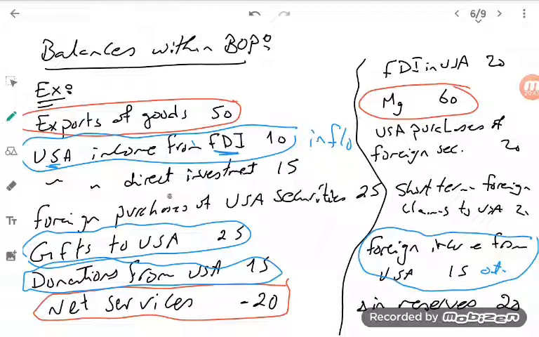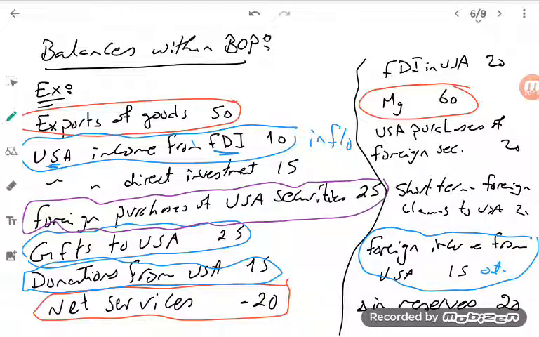This is outflow of money. US is going to invest in another country. Foreign purchases of US securities. This is inflow of money. Foreign direct investment in USA. This is also inflow of money.